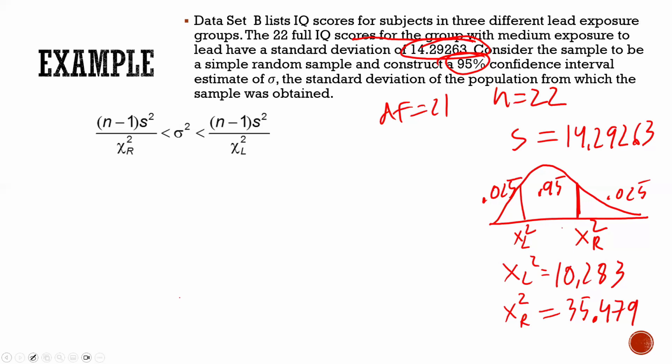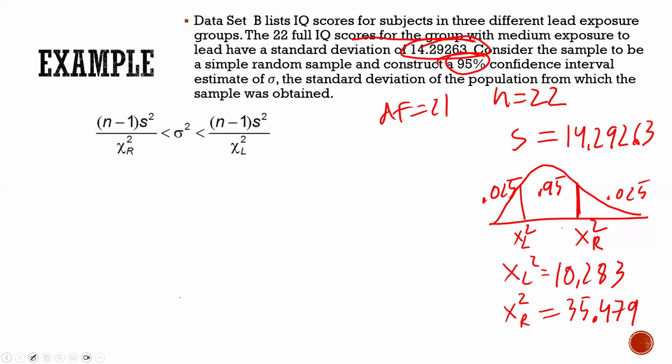When we divide, dividing by the bigger value gives you the smaller result. If I divide by 100, I get a smaller number than if I divide by 30. So the minimum is the one I get when I divide by 35, and the maximum is the one when I divide by 10. Does that make sense, everybody?